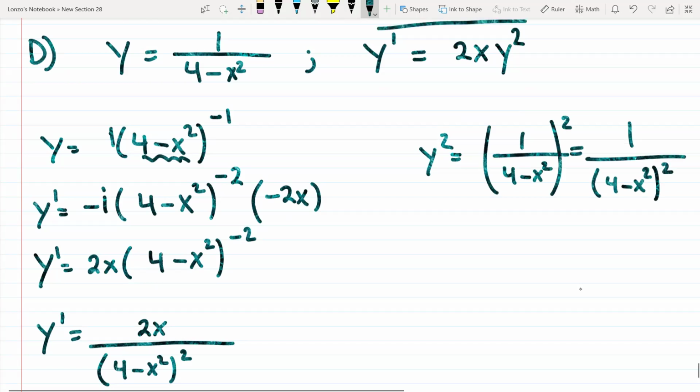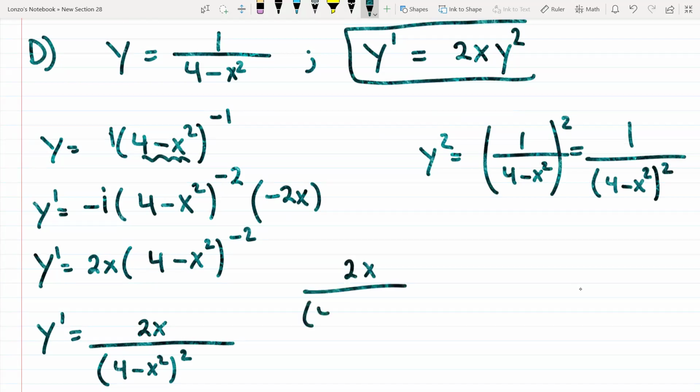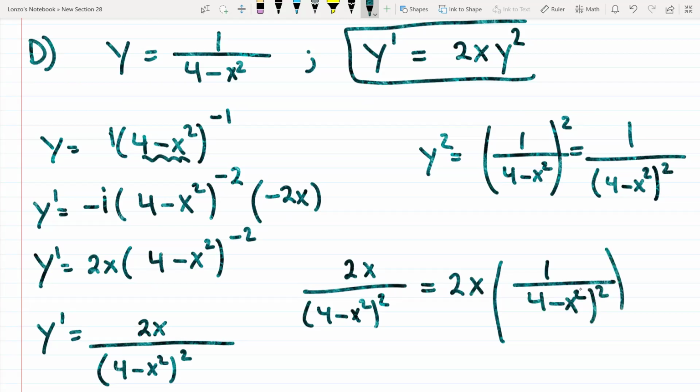So let's verify it. y prime is 2x over 4 minus x squared, squared, equals 2 times x. I don't know what x is, so I'm just going to leave it, times y squared, which is 1 over 4 minus x squared, squared.